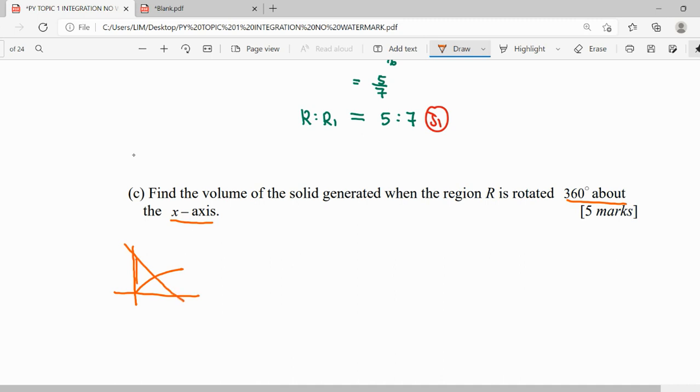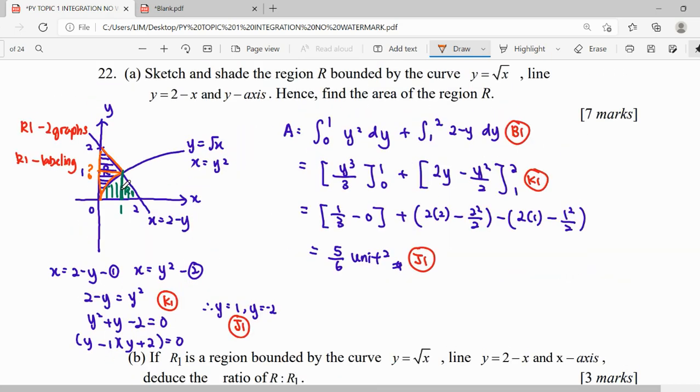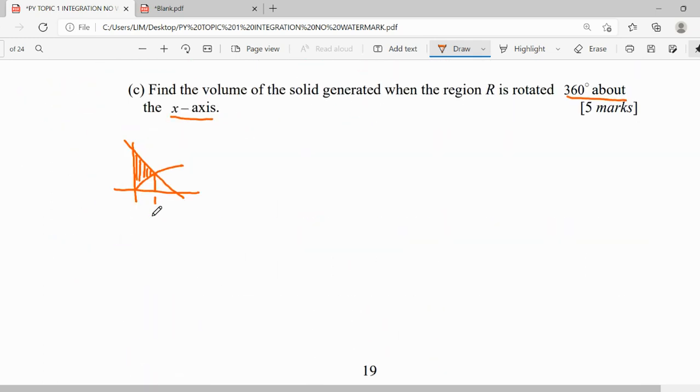So we have to see it vertically, like that. Here we already found that it is 1. So I just copy it back. This is 1, this is our graph. We want the x-axis, which means everything in terms of x. This is y equals square root of x, and this is y equals 2 minus x.